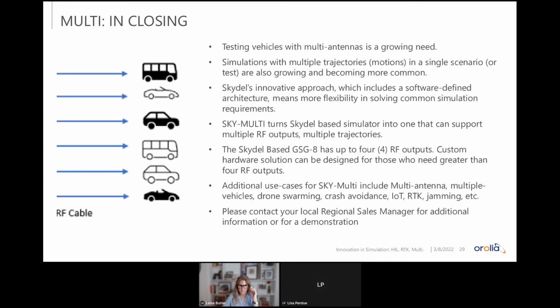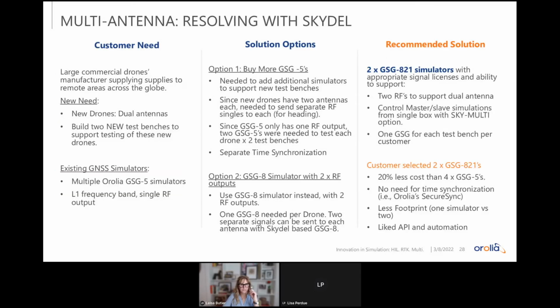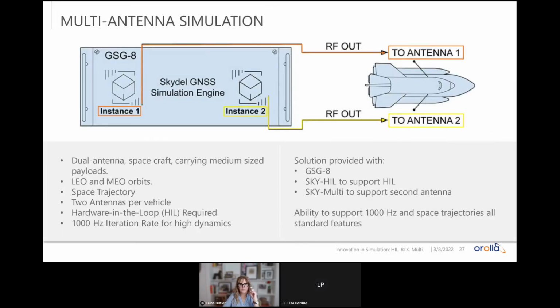So we do have a question. The first one is about time sync. Time sync is critical, and they're asking if that means the sync accuracy or just that they have to be synchronized. I'll just say that it's going to depend on the application. If you're trying to provide two antenna inputs into a single receiver, the time synchronization needs to be very, very tight because the same receiver is processing the signal from both of those outputs.